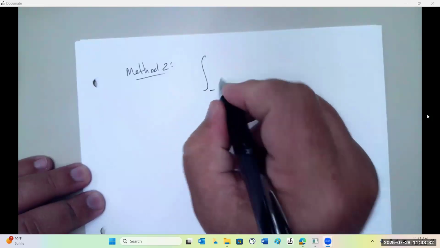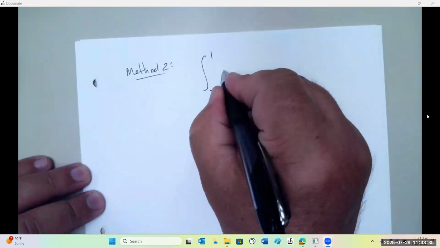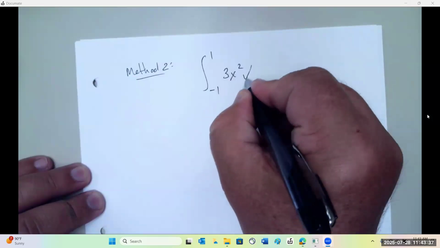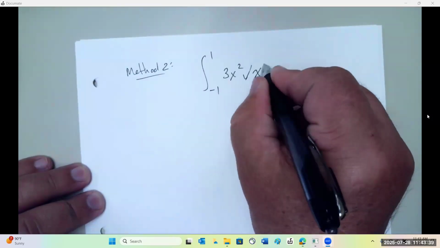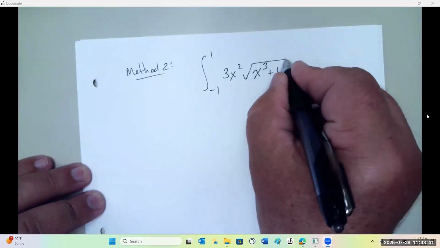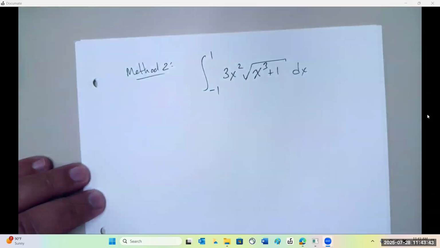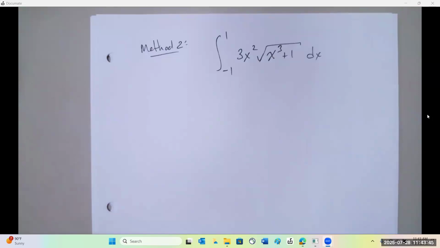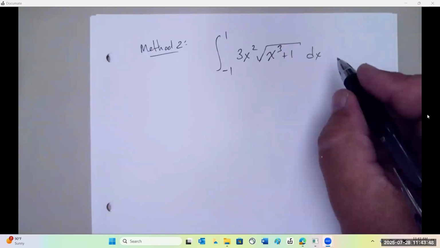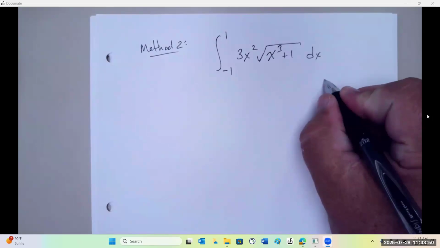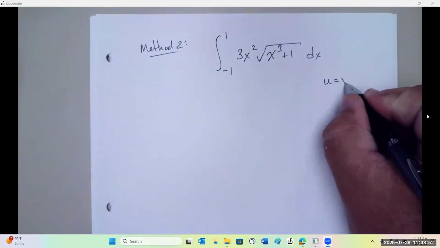It was the integral from -1 to 1 of 3x squared times the square root of x cubed plus 1 dx. We're going to use substitution again.